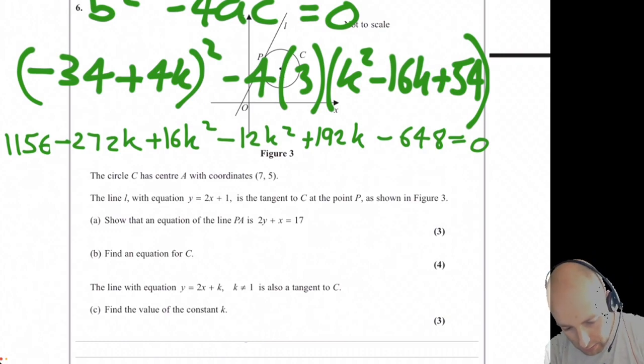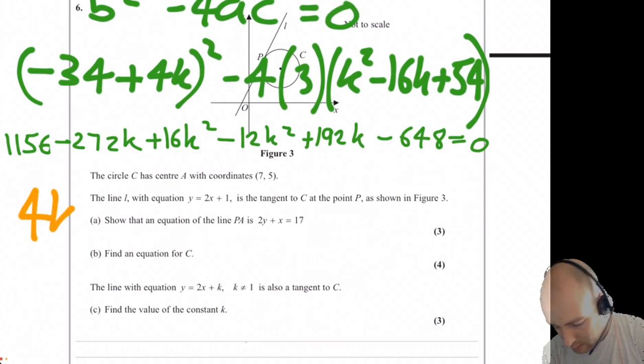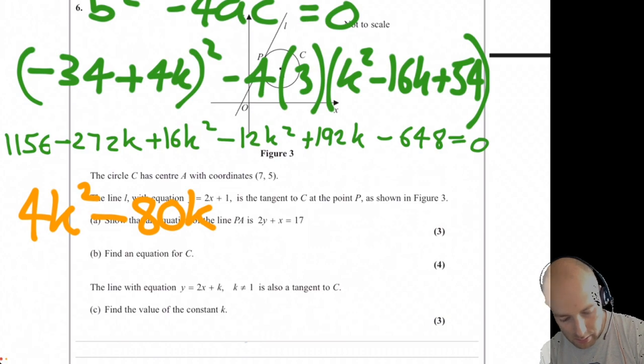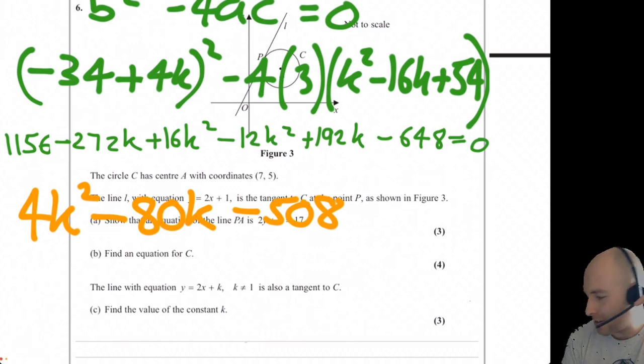So this is going to condense down to 4k² minus 80k. Yeah, this isn't right. Minus 508. It's that last bit. 508 does not feel very good. Okay, so all this should divide by 4.